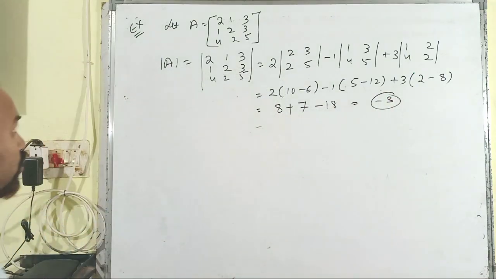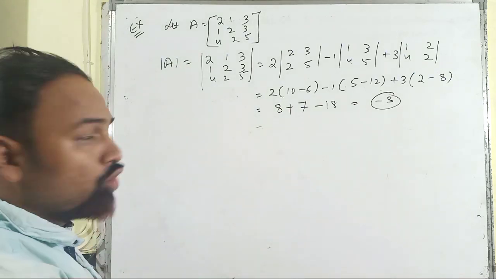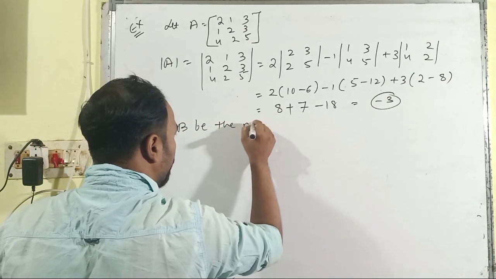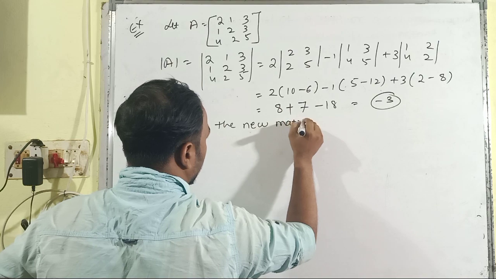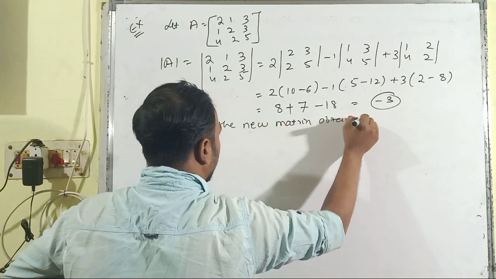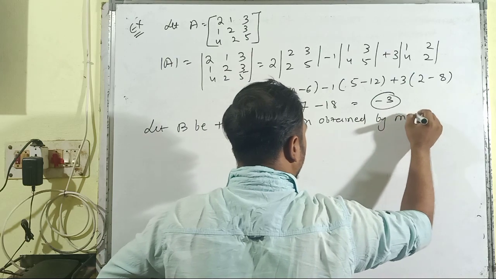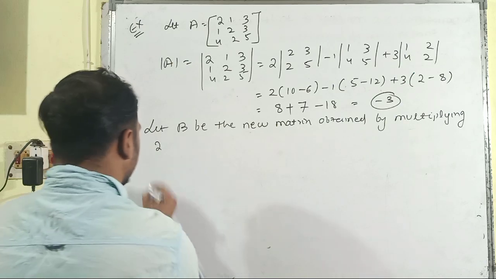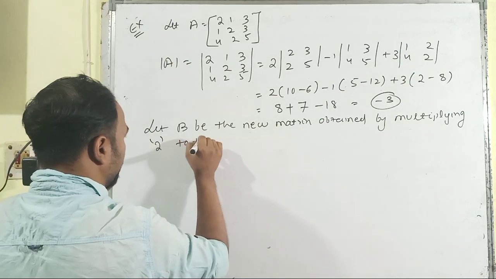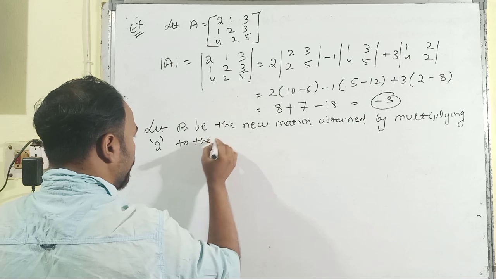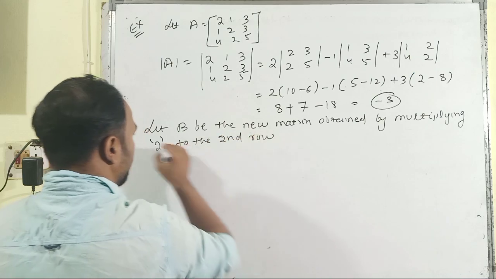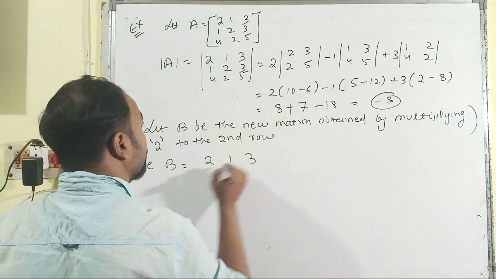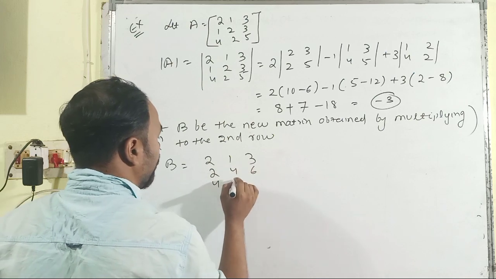Let us multiply a 2 to the second row of the given determinant. Let B be the new matrix obtained by multiplying 2 to the second row, that is B has rows 2, 1, 3; 2, 4, 6; 4, 2, 5.